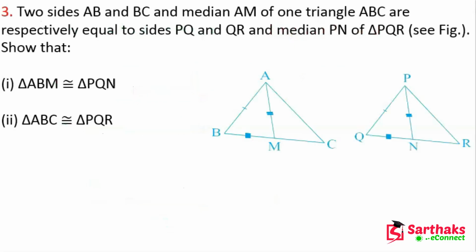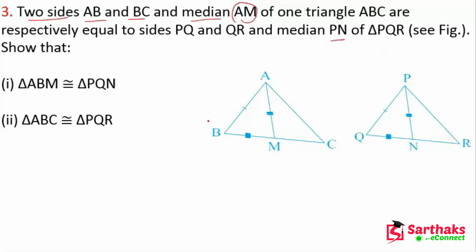Now the next question is: two sides AB and BC and median AM of triangle ABC are respectively equal to the sides PQ and QR and median PN of triangle PQR.